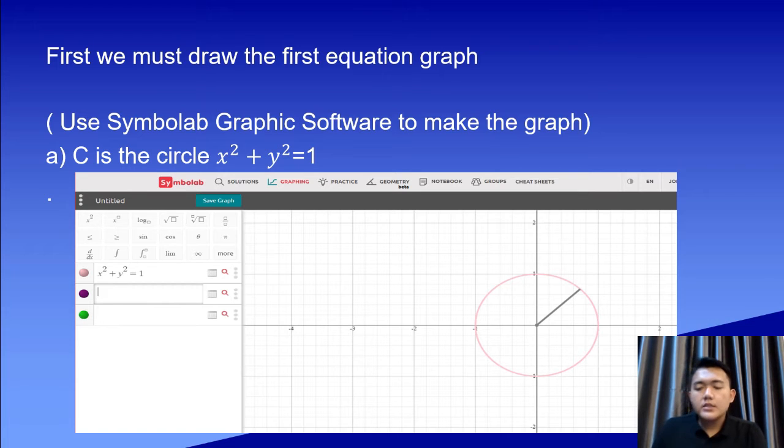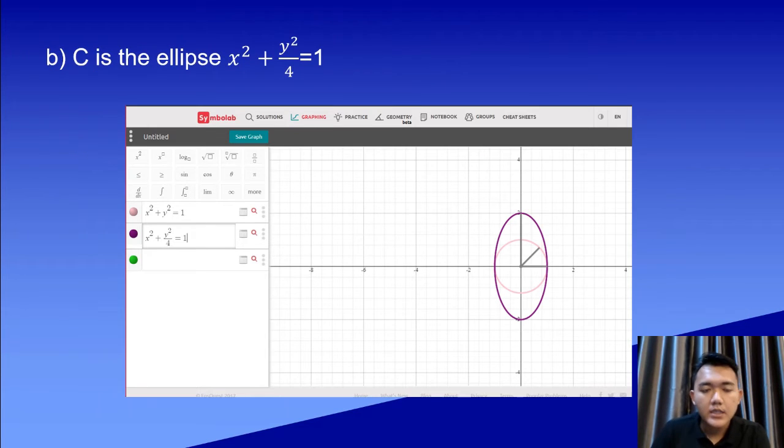This is the circle graph. For the next, we must show the graph where C is the ellipse, x to the power of 2 plus y to the power of 2 divided by 4 equals 1. So we can see the graph is an ellipse. The purple one is the graph for the ellipse.